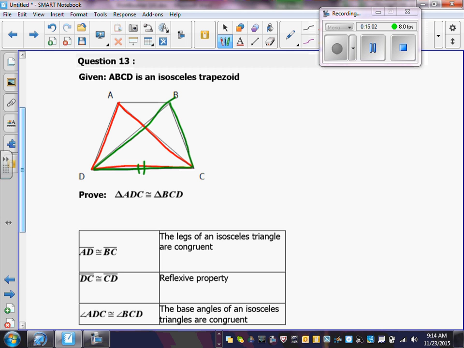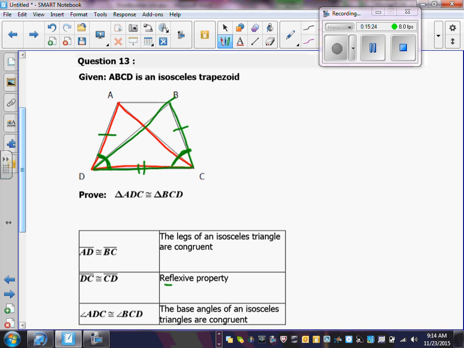They say AD is congruent to BC. They say DC is congruent to CD by reflexive property. And then they said angle ADC, which is this angle here, is congruent to angle BCD here.